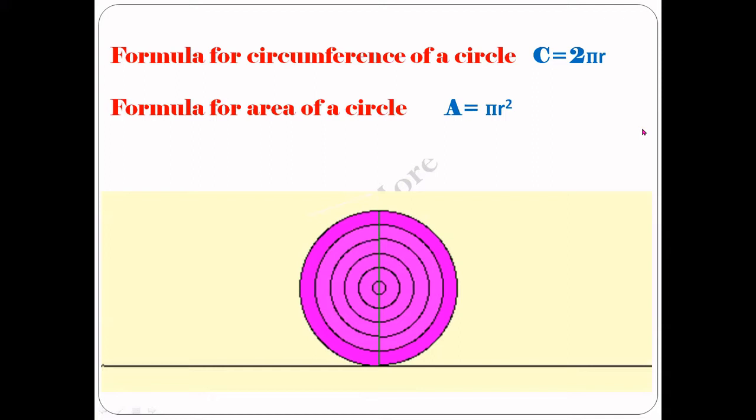In next lessons, you will learn that. And the next one is the formula for finding the area of a circle. Area A equals πr squared. That formula you will learn in grade 10. Okay. How to use the formula C equals 2πr can be learned in next lessons.